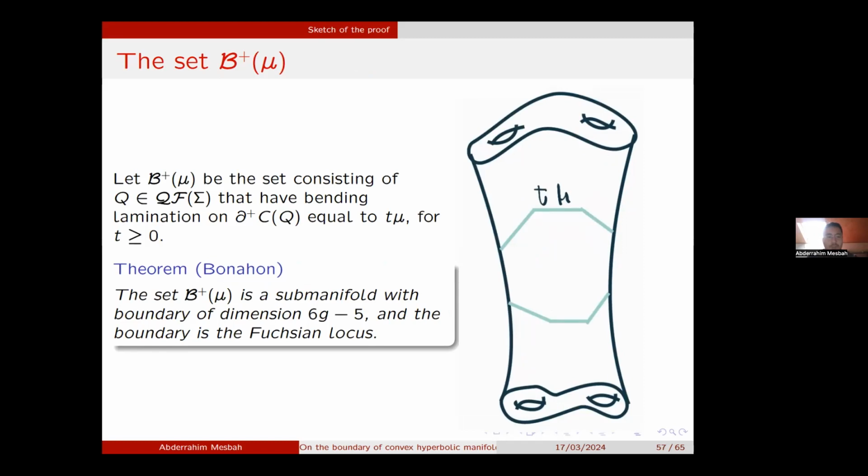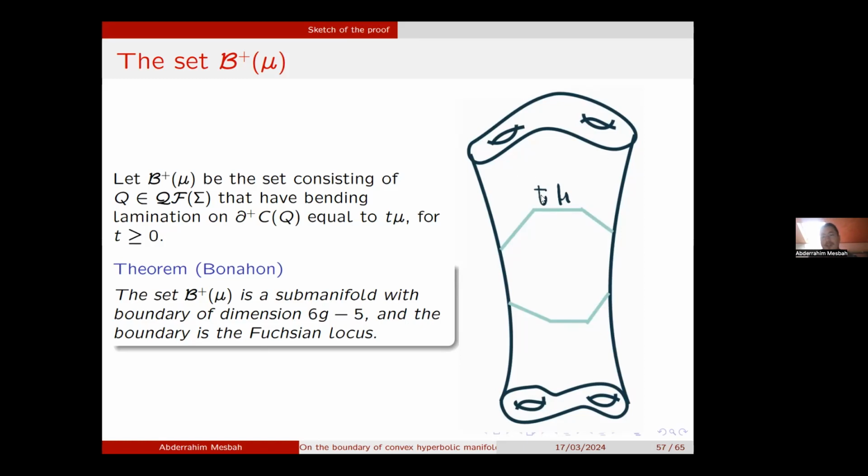And also, Bonahon showed that if I take the space of all quasi-Fuchsian manifolds that have measured lamination equal to t mu, with t bigger or equal to 0, so we allow t to vary, it can be mu, 2 mu, 3 mu, anything which is realizable, then the set of quasi-Fuchsian manifolds that have t mu as bending lamination on the upper side forms a submanifold with boundary inside the set of quasi-Fuchsian manifolds, and it has dimension 6g minus 5, which is Teichmüller plus 1.